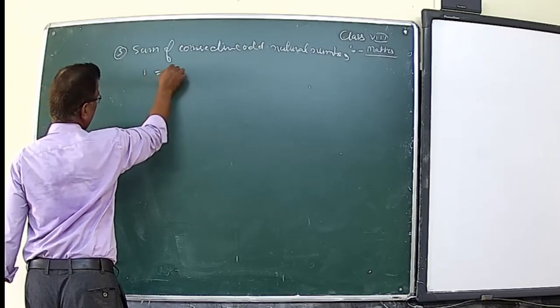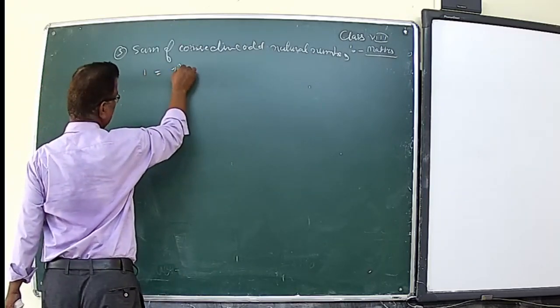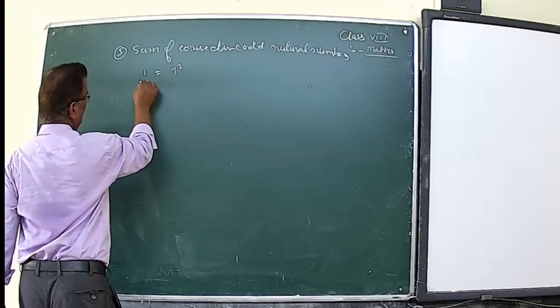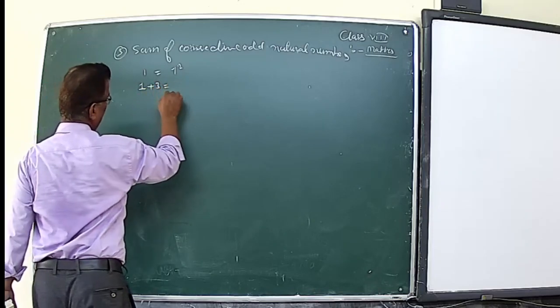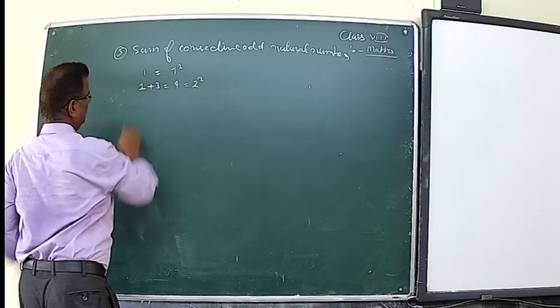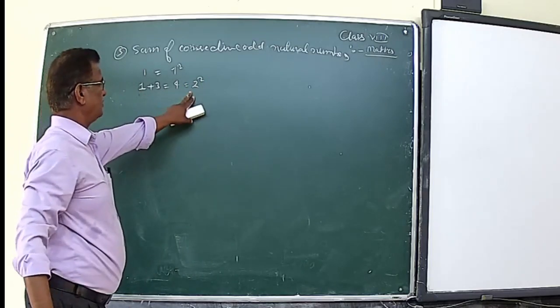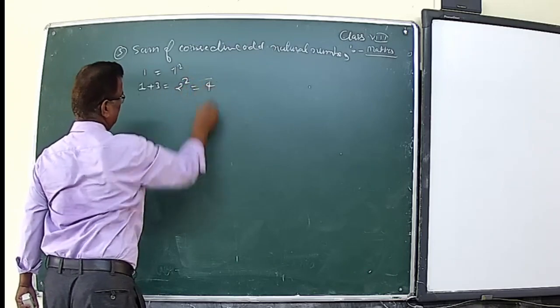One natural number, the sum coming to 1, that is 1 squared. And if two odd numbers are given, 1 plus 3 is equal to 4, that is 2 whole squared. The sum of two odd numbers is equal to 2 squared, that is 4.